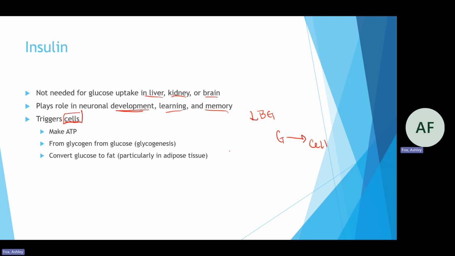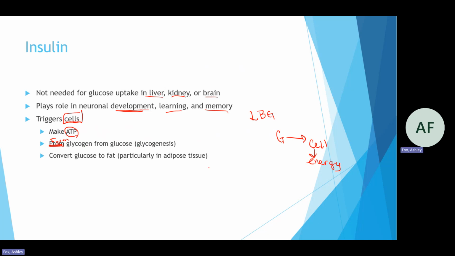Glucose is important for making ATP. You need glucose and oxygen to make ATP. So cells are going to use this glucose to make energy. If you are in the muscle or the liver where glycogen is, you're actually going to store glycogen.